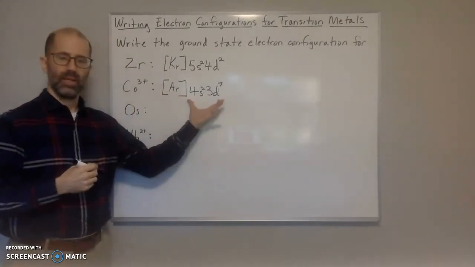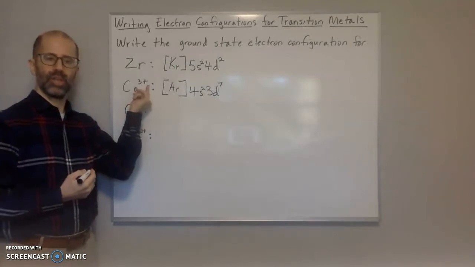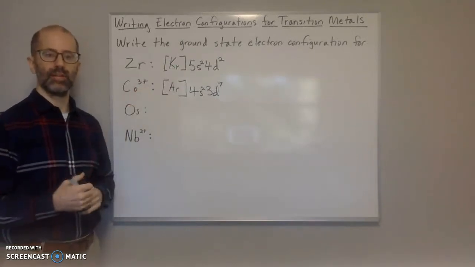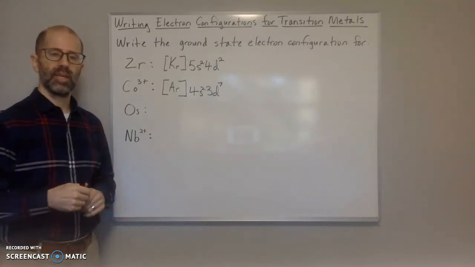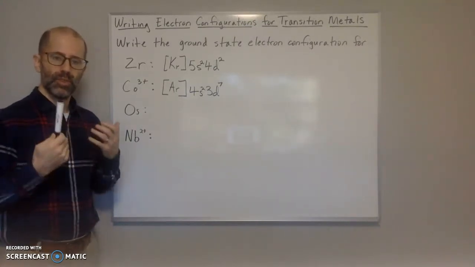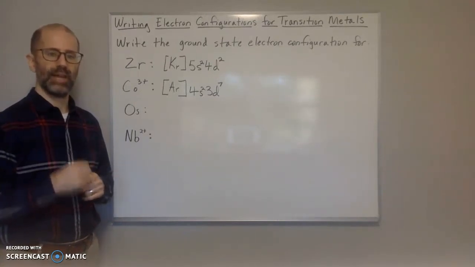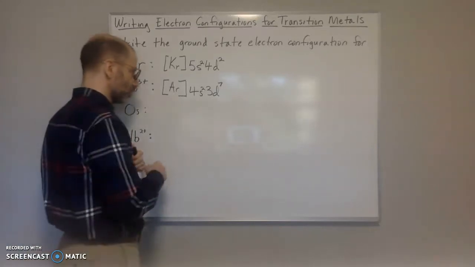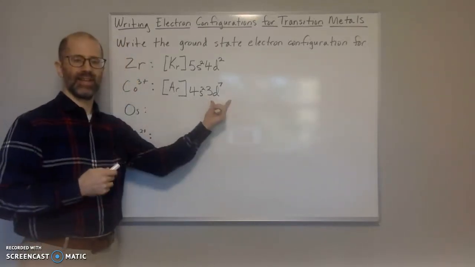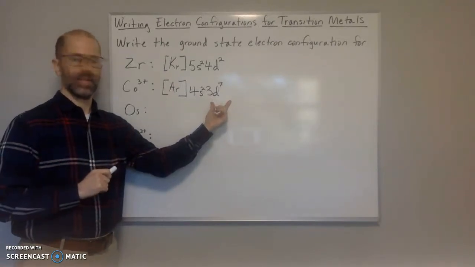But this is assuming a neutral atom. We've got a 3+ charge. That means we lost 3 electrons, so we have to subtract 3. The rule is that the 3 that are taken out, you first take them from the S sublevel, and then you take them from the D. So the last electrons to be added are not the first electrons to be taken away.